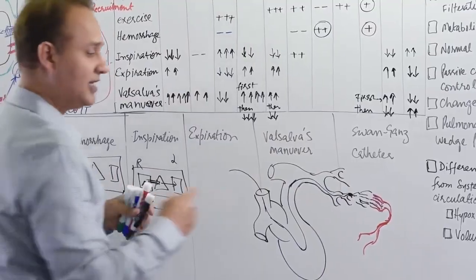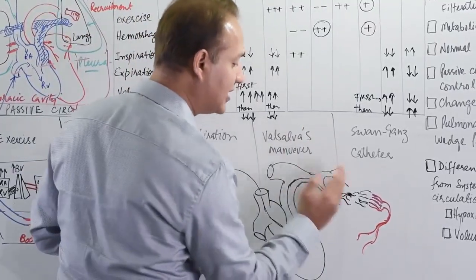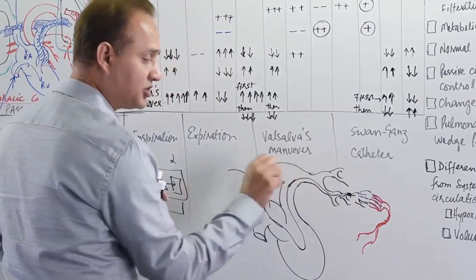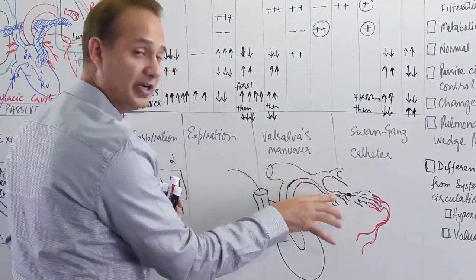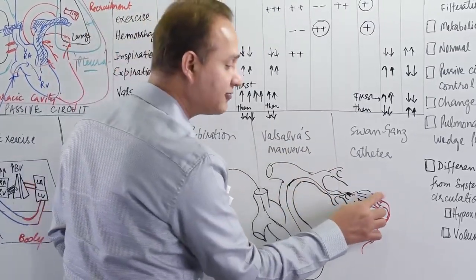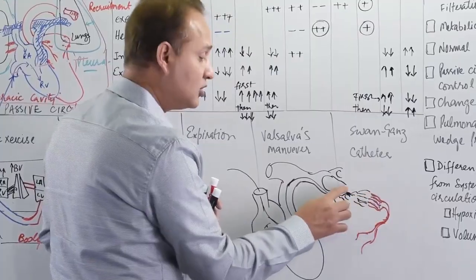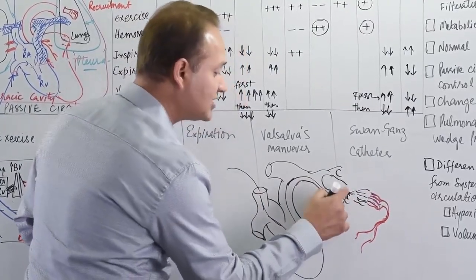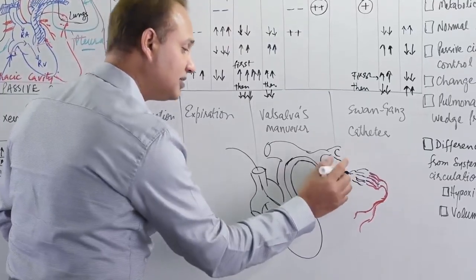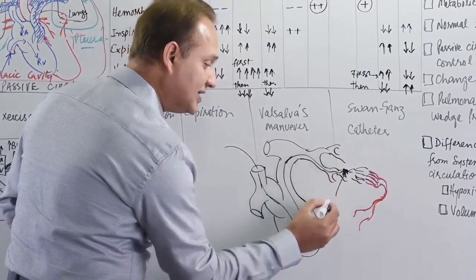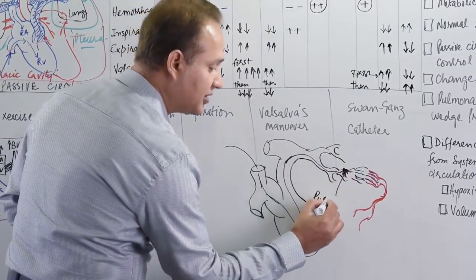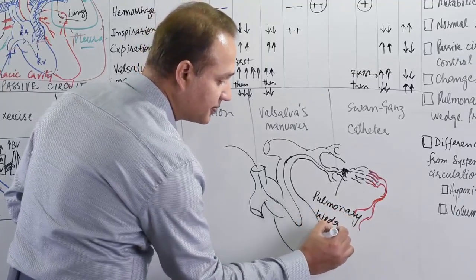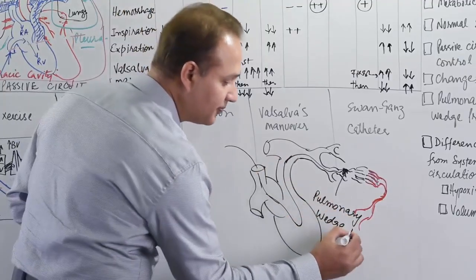Now when it gets stuck there, the blood supply to that area gets occluded. So the pressure exerted on it is almost the same as it was on the other side. So the pressure measurement from this balloon, once the balloon has gotten lodged, is called the pulmonary wedge pressure, because we've wedged a balloon there.